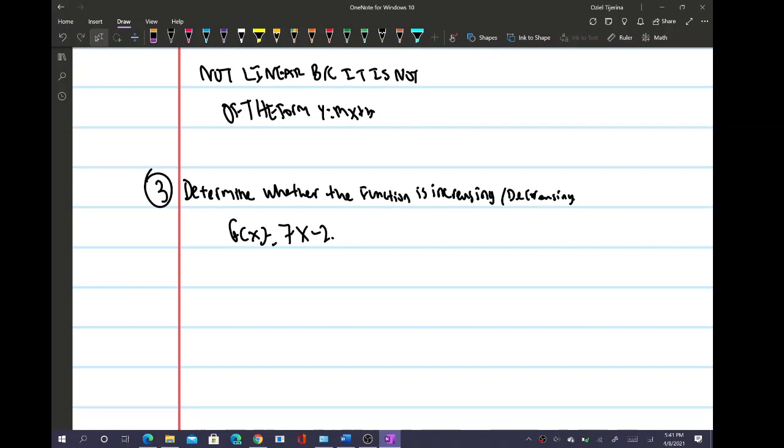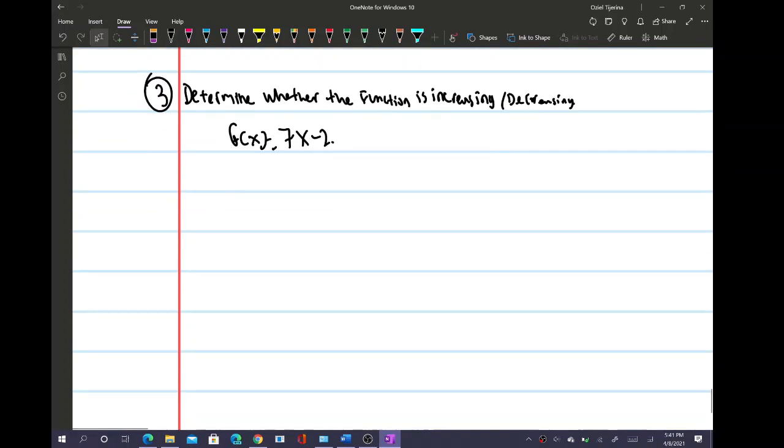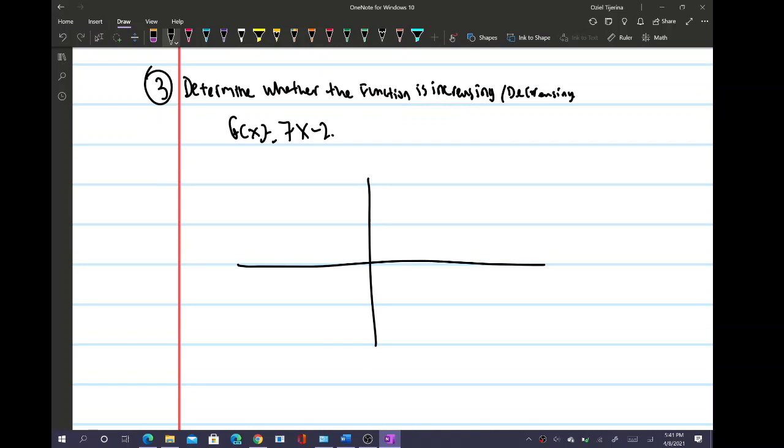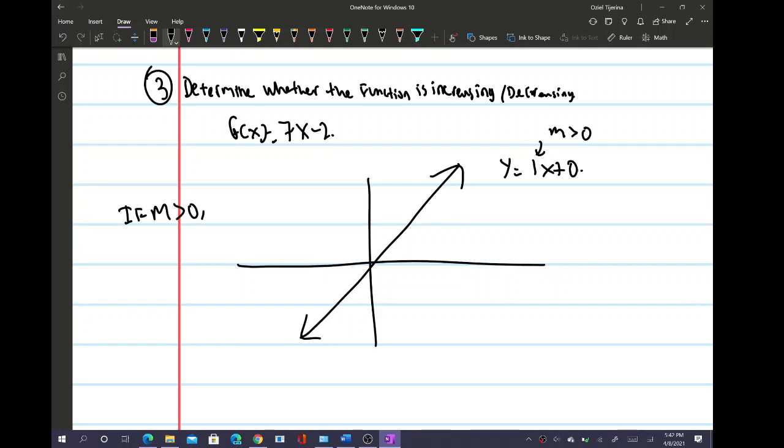Okay, so one of the things to remember about these is that when you have, for example, y equals mx plus b, if m is greater than 0, the function is increasing.